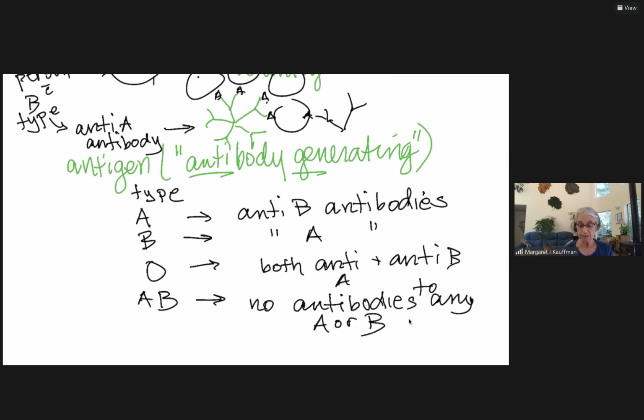If you are type O, that means you don't have any antigens on the outside of your cell, so you can donate that O blood. If it's packed red blood cells without their antibodies, you could donate it to anybody. Now, what I mean by packed red blood is they're going to centrifuge it down, get rid of the plasma, the antibodies are in the plasma, and you can give them that type of blood.